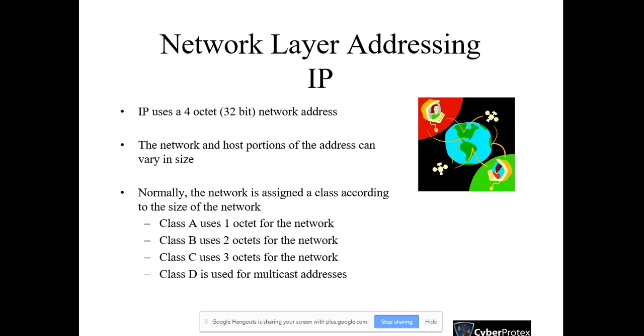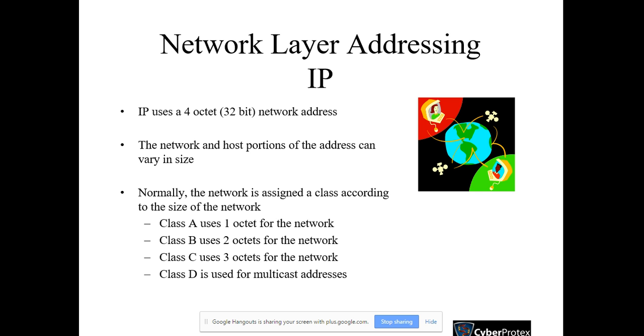So IANA, which is the Internet Assigned Numbers Authority, implemented a classful IP version 4 variation, and it is very interesting in the way that it classifies here using the different octets of the 4-octet 32-bit network address.